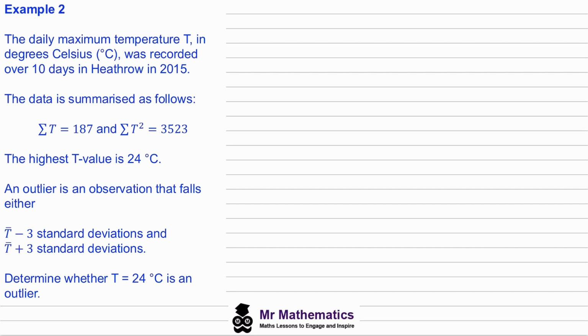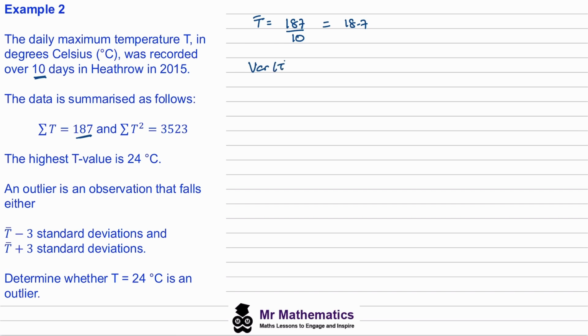So the first thing that we need to do is find the mean average. We're calling this T bar. This will be the sum of the data, 187, divided by the sample size, which we know is 10. So this will give us a mean average of 18.7. And then to work out the standard deviation, we need to work out our variance.